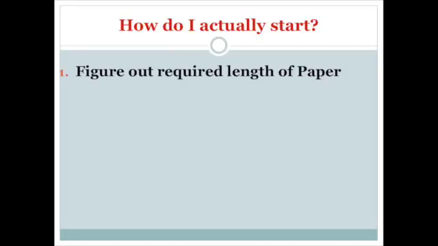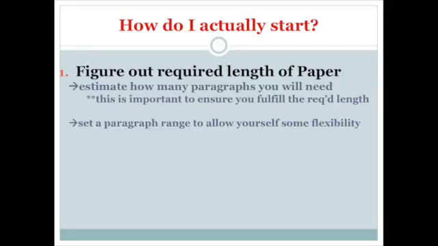Okay, so number 1, figure out the required length of your paper. We did this in class already, so you know that your paper is supposed to be between 7 to 9 pages. And we discussed that this would probably be about 21 paragraphs total. But remember, you have an introductory paragraph, you have a background paragraph, and you have at least 2 concluding paragraphs.